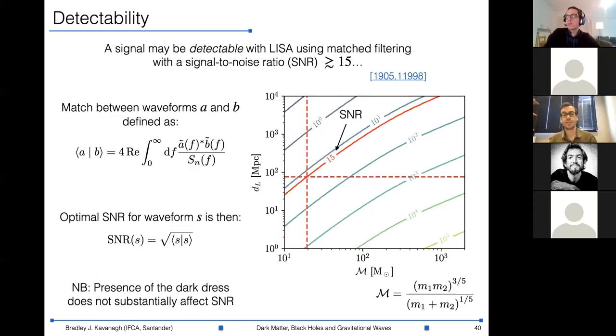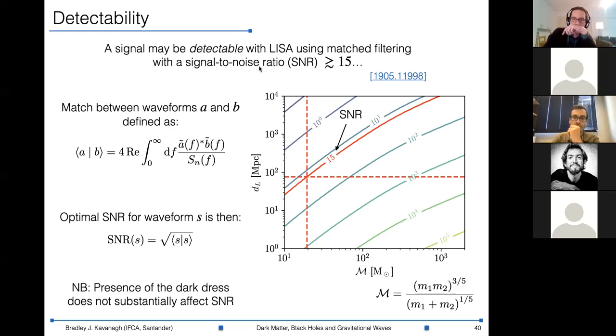So the first one is pretty easy. Basically, we should be able to detect this system with LISA if the signal to noise ratio is large enough. Okay, and essentially that means how close do we have to look to be able to detect these things?